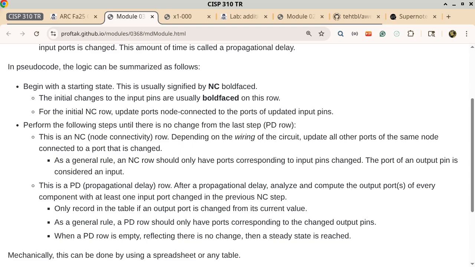And then all the components that have at least one of their input ports changed can potentially have the output port changed as a result after a propagational delay. So the PD step is for figuring out, do we have a change of the output ports of these components? And if so, what is it? Are we understanding, in abstract terms, what these things are specifying?